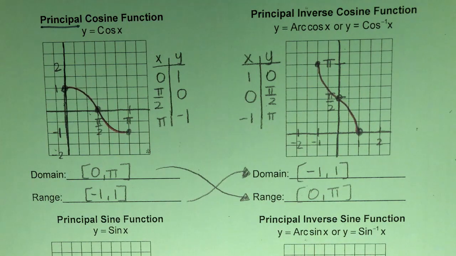I do just want to quickly show you this in Desmos. If you were to do 0 less than or equal to x is less than or equal to pi, it will graph that first thing for you.